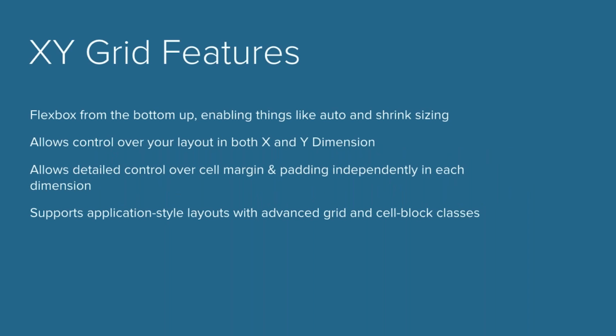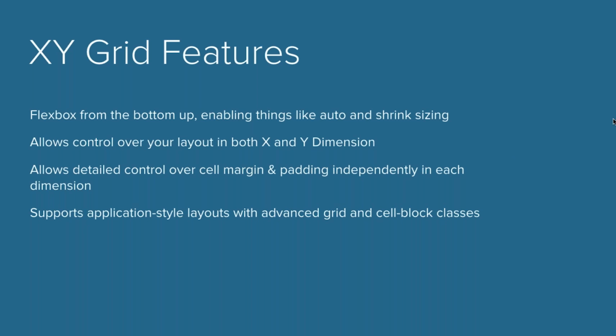So what the XY grid is, it's Flexbox from the bottom up, which lets us enable things like auto and shrink sizing. It allows us control over the layout both in the X horizontal direction, which is the same as our more traditional grids, but then also in the Y direction, so you can control things vertically. It allows detailed control over cell margin and padding independently in each one of those dimensions.